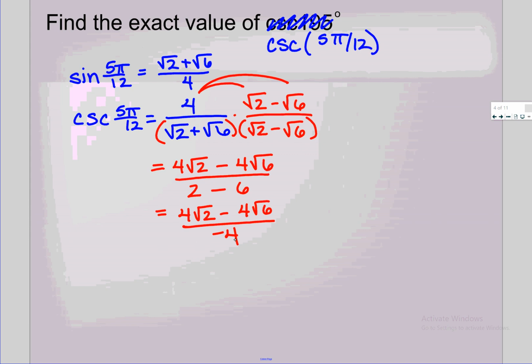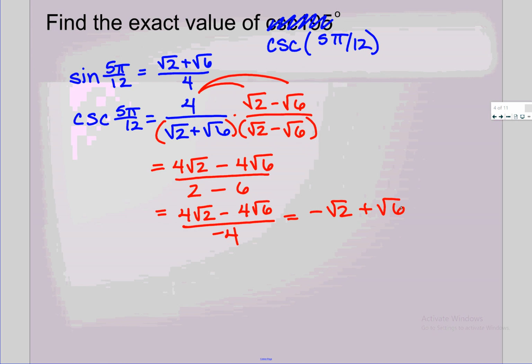And even better, you can divide by negative 4 and get rid of that denominator completely. So if I do 4 rad 2 divided by negative 4, I get negative rad 2. If I do negative 4 rad 6 divided by negative 4, I just get a positive rad 6. And then your denominator divided by negative 4 is just a positive 1. And then that's your final answer.